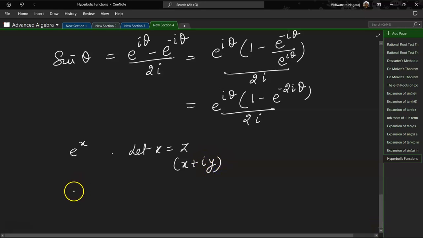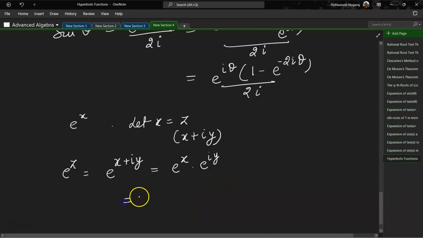Okay, so what happens? e^z is equal to e^(x+iy). Now this can be split into 2, e^x times e^(iy). We know e^x, we leave it as it is. We know e^(iy) is nothing but cos y plus i sin y.